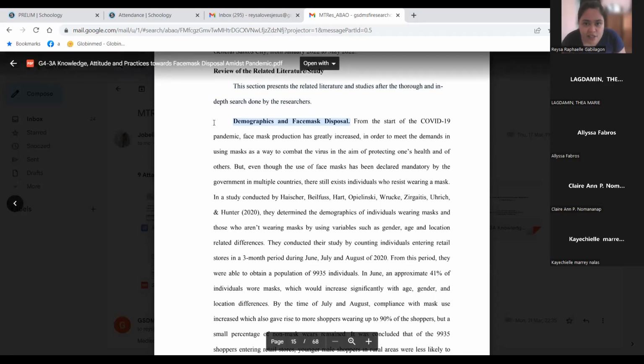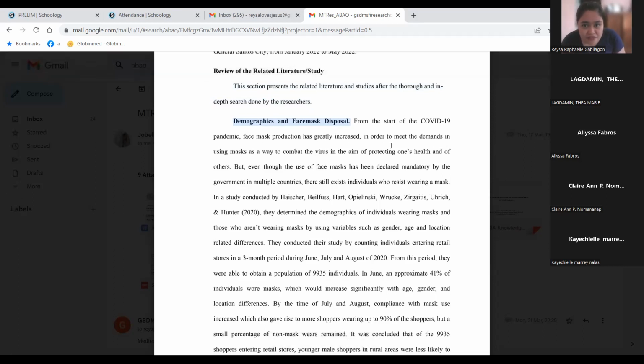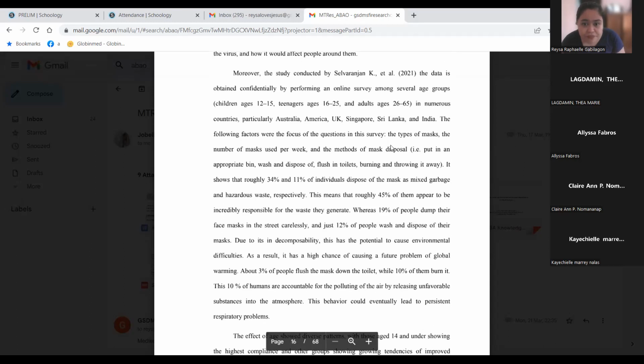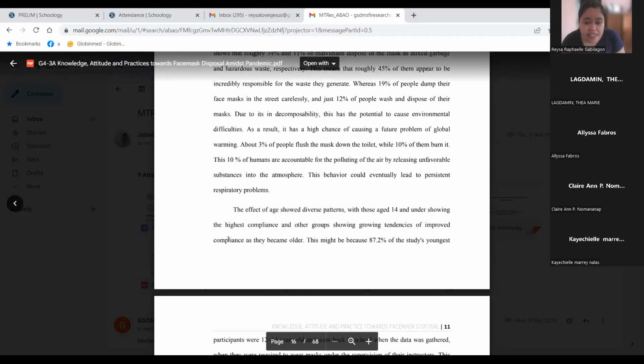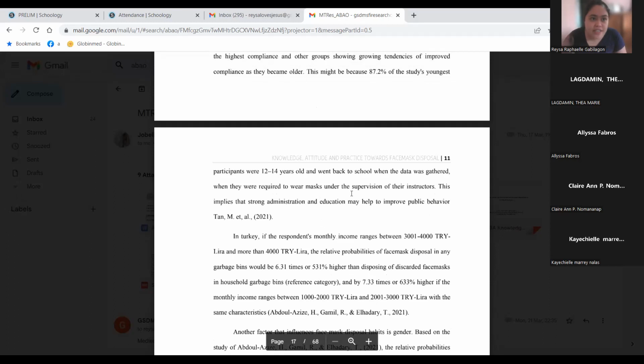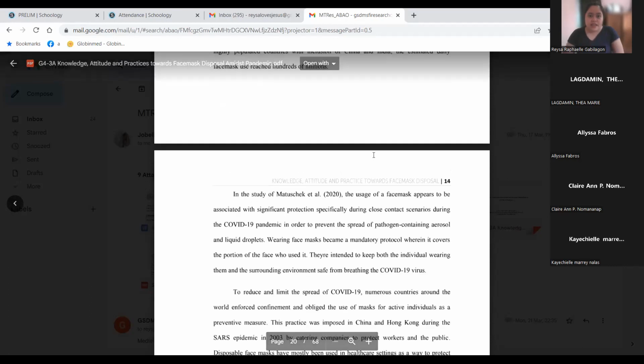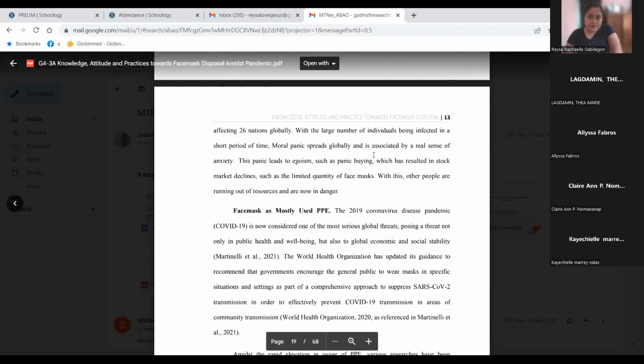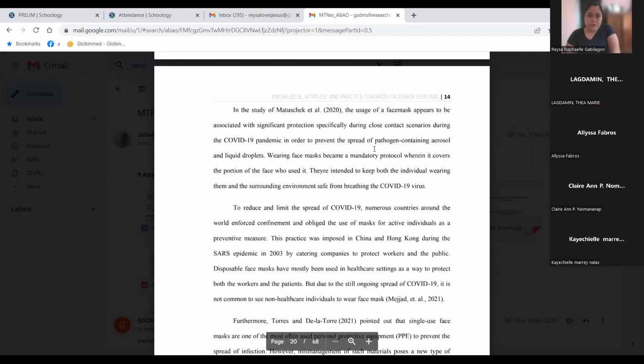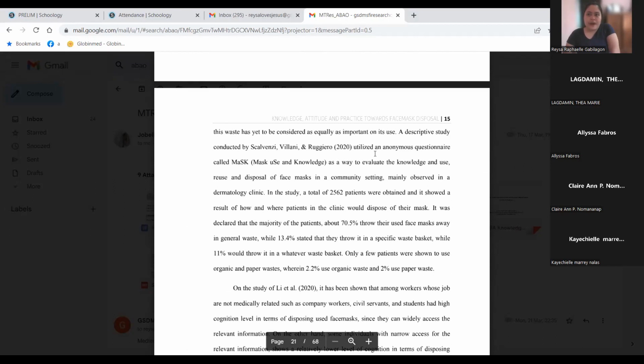We call them subtitles. They first discuss demographics and face mask disposal. All the literatures and studies are here, but separated by themes or topics. Then they have the COVID-19 outbreak, and face mask as the mostly used PPE. It's not a continuous paragraph where you connect the previous one to the next, like in chronological order.